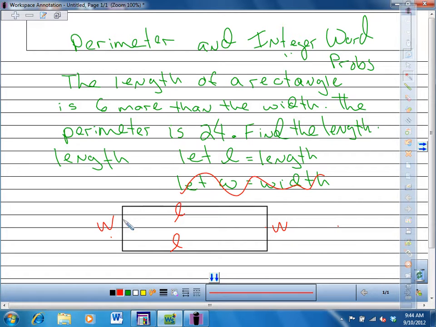If this is W and this is W, then the length is W plus 6. We just like addition better than subtraction. Okay? You get that? So if this is the width and this is the length, then this is the width plus 6.